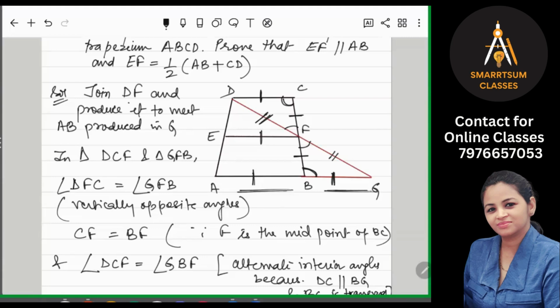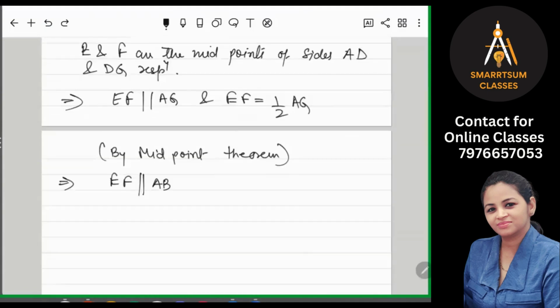So we can write it. Write it down: EF is parallel to AB and EF is half of AB plus BG, because AB plus BG is AG only.